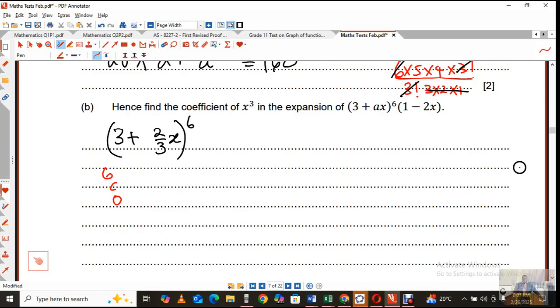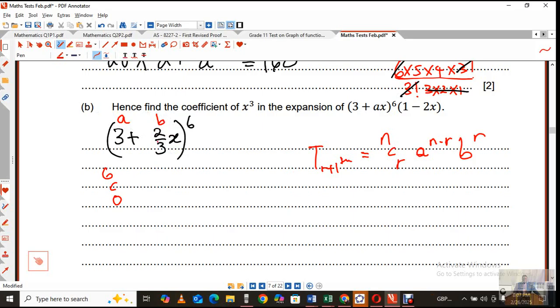But it's very important that you understand that whenever you're dealing with the binomial theorem, the T(r+1) term is going to be n choose r, and our a is going to be to the power n minus r, and our b is going to be to the power r. So in this case, this 3 here is my a, and this whole one here is my b term.